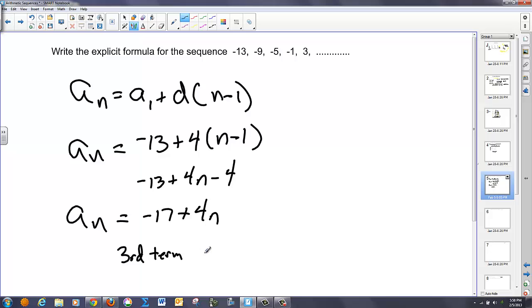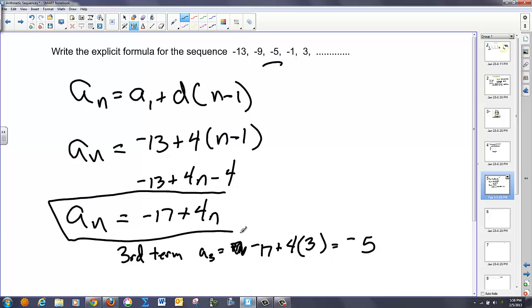Well, the third term, a sub 3, is found by taking negative 17 plus 4 times the subscript. That ends up equaling negative 5. Sure enough, negative 5 is my third term. So once again, my explicit formula is a sub n is equal to negative 17 plus 4n.